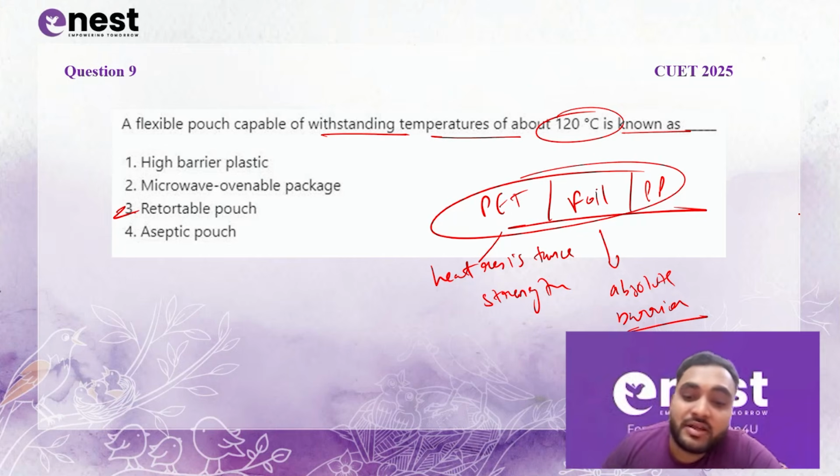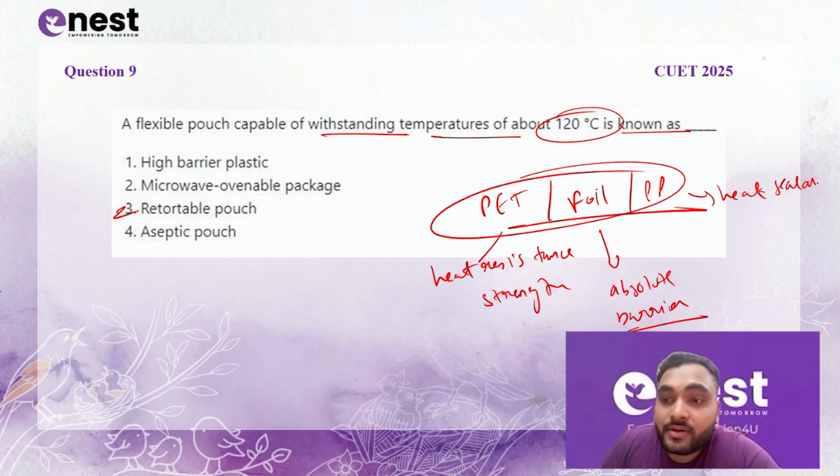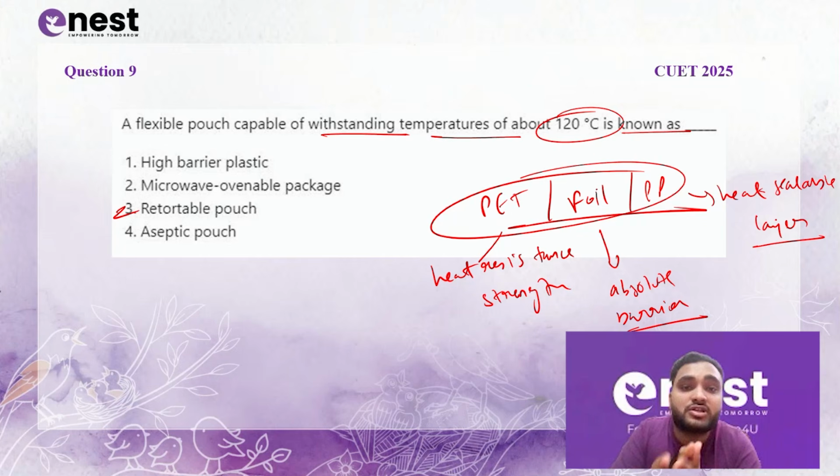And then you have polypropylene. It provides a heat sealable layer. So you want the inside to be heat sealable. Otherwise, how will you seal foil? If you press two pieces of aluminium together and you apply heat, they will never join. But when you do the same for polypropylene, they will join because it will melt at a somewhat higher temperature.